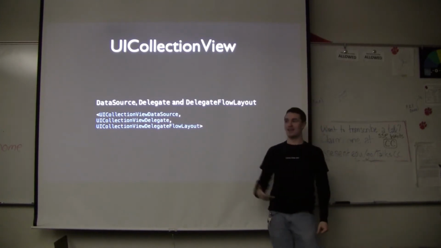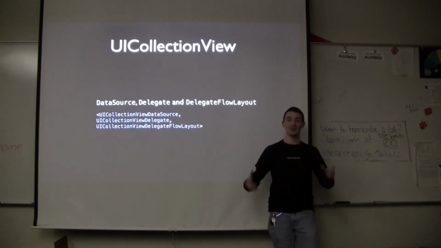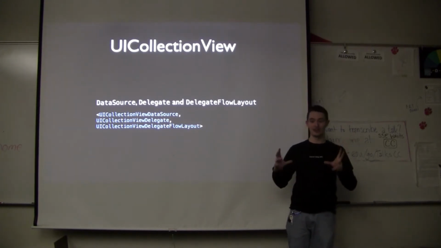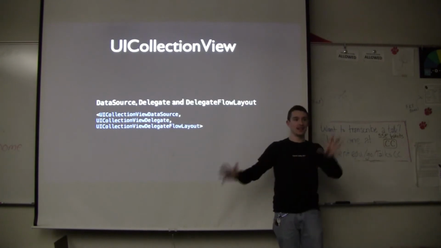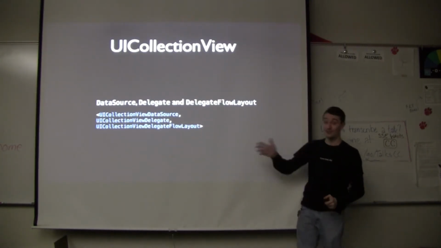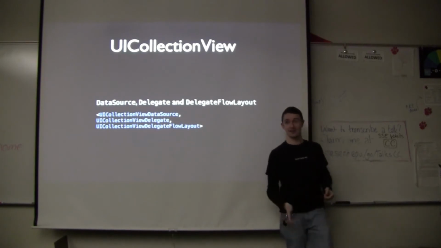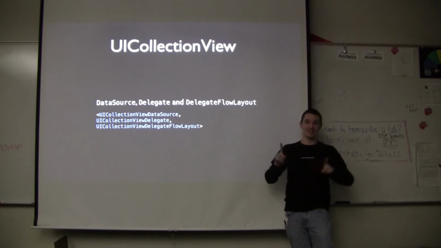So they went out to make a grid implementation for iOS, but then they realized they can do something so much better than just a simple grid. They could make a way that you can collect things together and create two-dimensional views of anything in any layout that you want. And that is the UICollectionView, whose default implementation is generally a grid, but it doesn't have to be. And you can do literally anything you want with it, and it's super amazing.